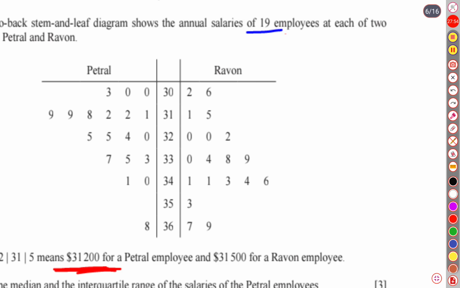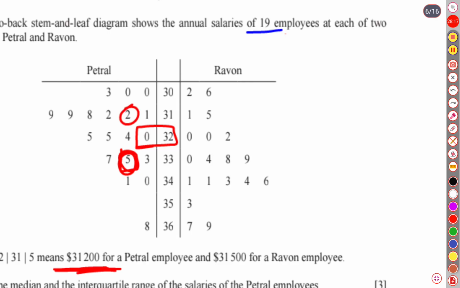So this is our median. Then 10th, 11 12 13 14 15. So this one is our upper quartile, and the lower quartile is the 5th data, 1 2 3 4 5. So this one is our lower quartile.